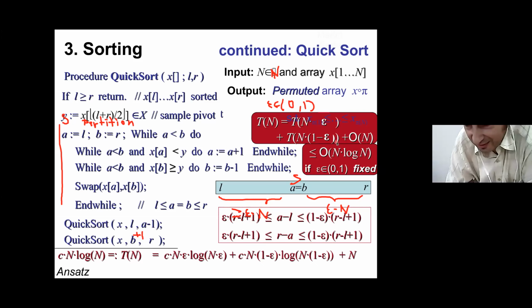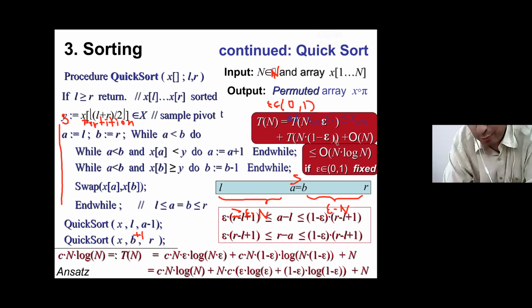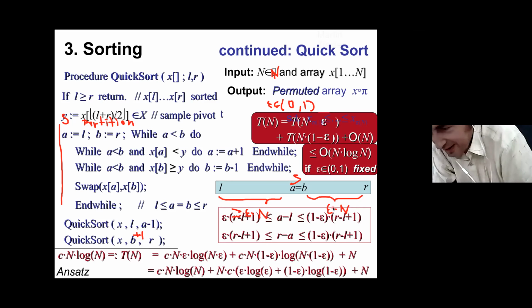The way that this works is I simply put in this form for T of n times epsilon, T of n times 1 minus epsilon on the right. And here we have been a little bit sloppy: we have replaced O of n by n.